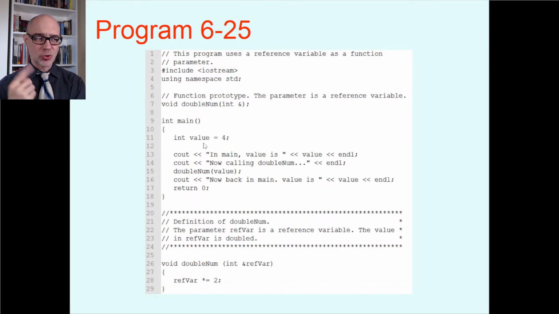So this function can do whatever it wants to it. And what it does here is it's saying, take that refVar, wherever it is, and we're using combined multiplication assignment here. So multiply that thing by 2. And then, of course, you jump back into the main function here. And right after that, it says, now I'm back in main, value is value. Hopefully you know what's going to be there, right, based on what we just said. We should test that.